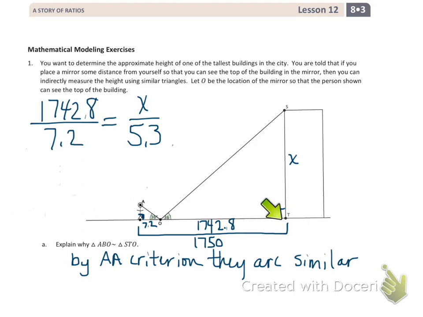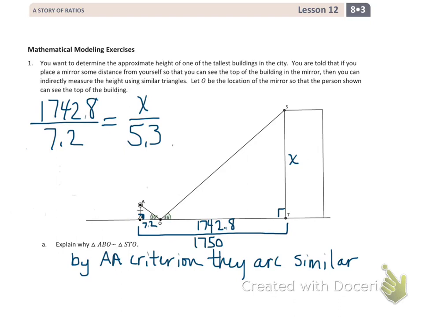So it would be 1,742.8 over 7.2 should equal x, the enlarged length, over 5.3, the corresponding part on the smaller triangle.